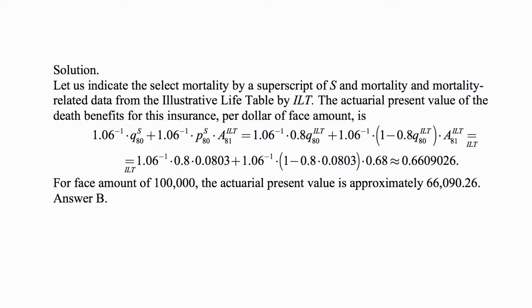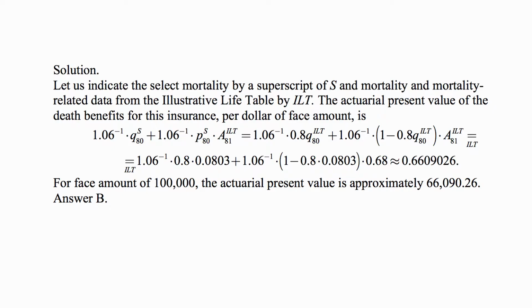And the other possible interpretation is that at any age in the first year of the policy, the force of mortality is equal to 80% of the force of mortality in the illustrative life table.